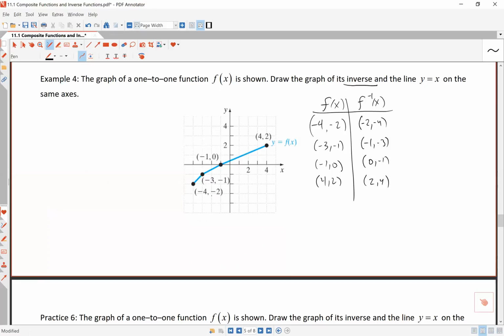So (negative 4, negative 2) gets reflected to (negative 2, negative 4). (Negative 3, negative 1) gets reflected to (negative 1, negative 3). (Negative 1, 0) becomes (0, negative 1). (4, 2) becomes (2, 4).